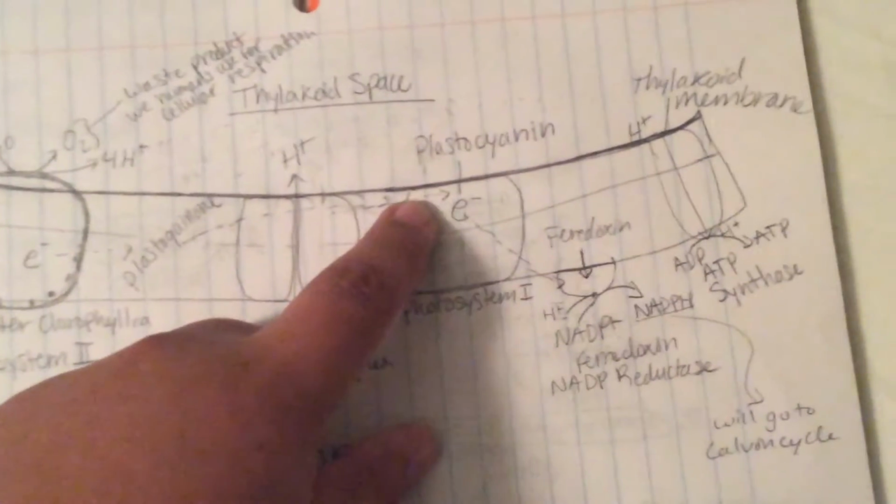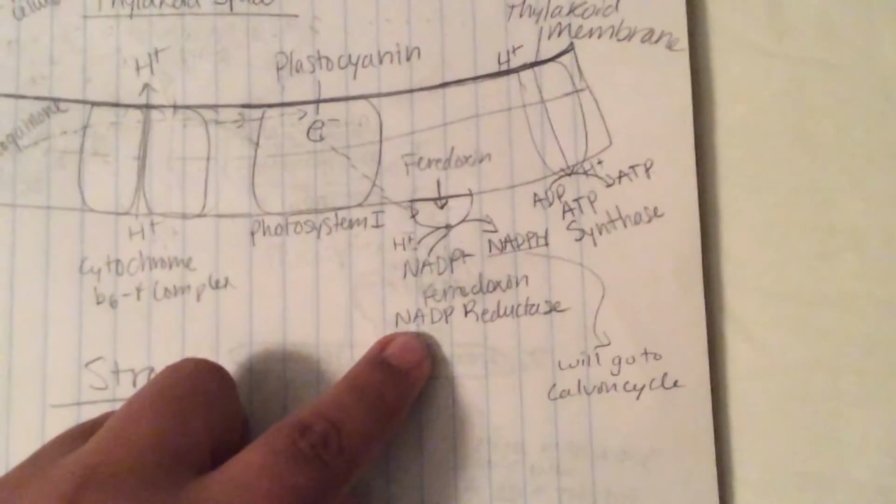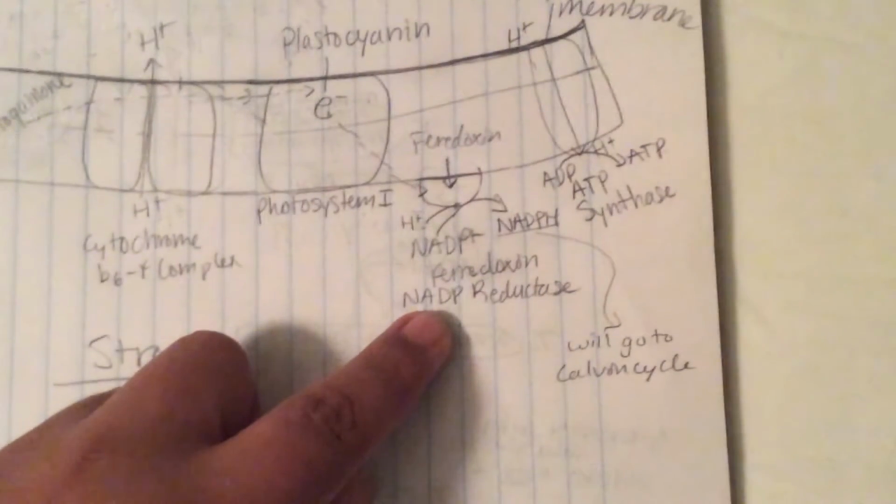The electron will then be carried on to photosystem 1. Here we have plastocyanin. Photosystem 1 will donate the electron to ferredoxin, and this is the ferredoxin NADP reductase. We have a proton and NADP+, and these will combine with the electron to make NADPH.